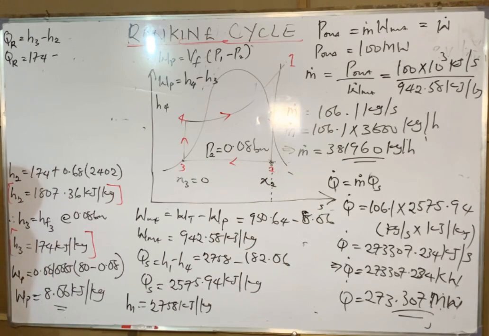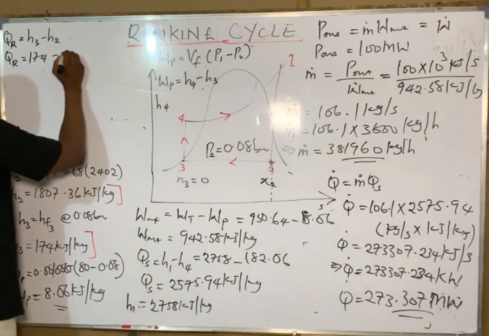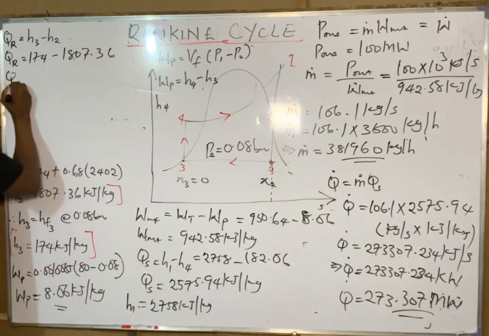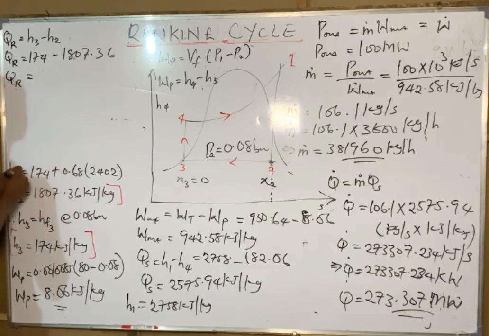H3 is 174 and H2 is 1807.36. So heat rejected equals 174 minus 1807.36.